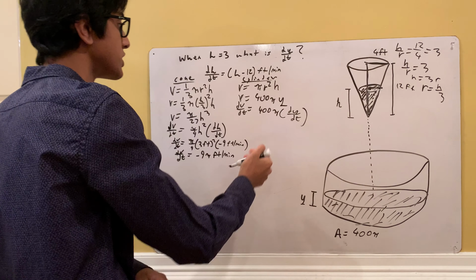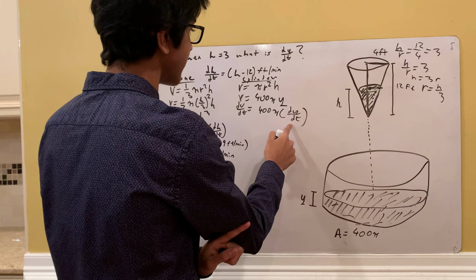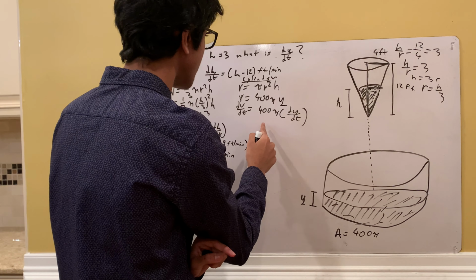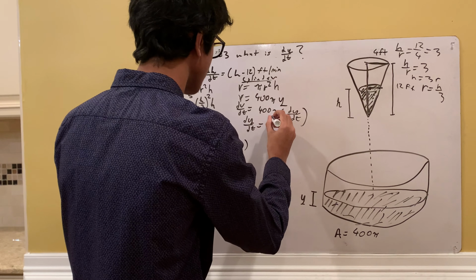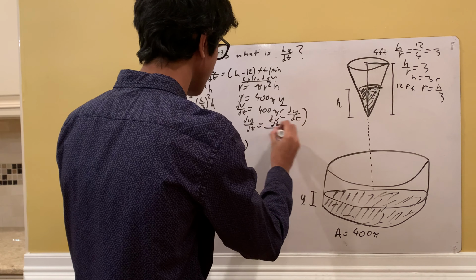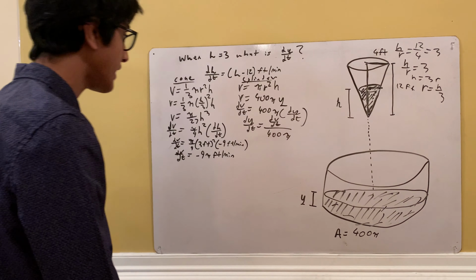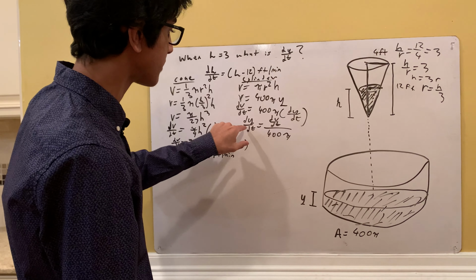That's our final question. So we want to isolate dy over dt because that's what we're looking for. We can just divide by 400 pi. So dy over dt is equal to dv over dt divided by 400 pi. All right, and now dv over dt, that's all we need to get this final answer.